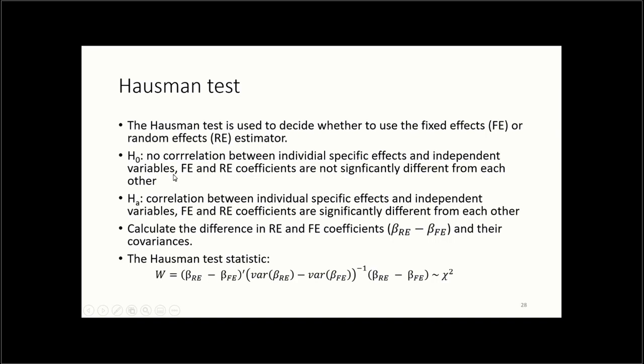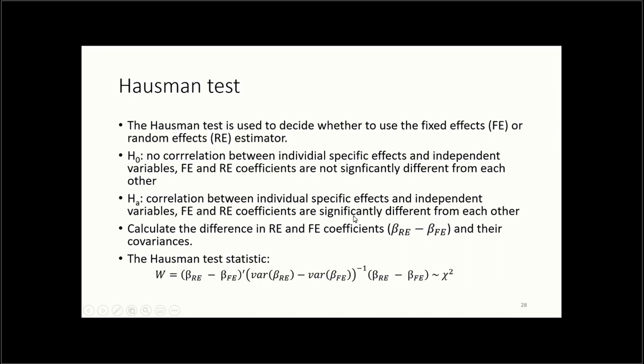So this is actually the assumption, if you remember, for the random effects estimator, that there's no correlation between these individual specific effects and the independent variables. And here that would mean that the fixed effects and the random effects coefficients would not be significantly different from each other. They're going to be very similar. The alternative hypothesis is that there's correlation between the individual specific effects and the independent variables. So in this case, the fixed effects and the random effects coefficients would be significantly different from each other.